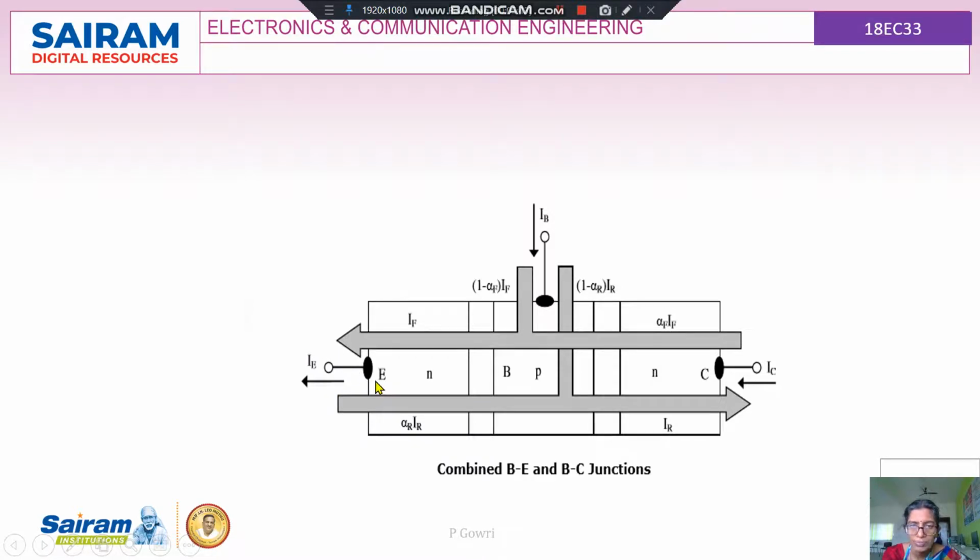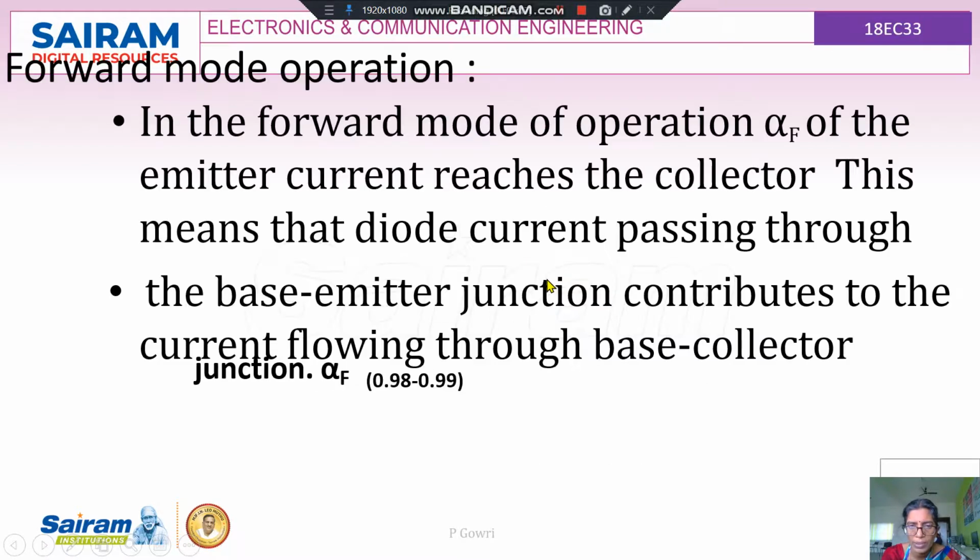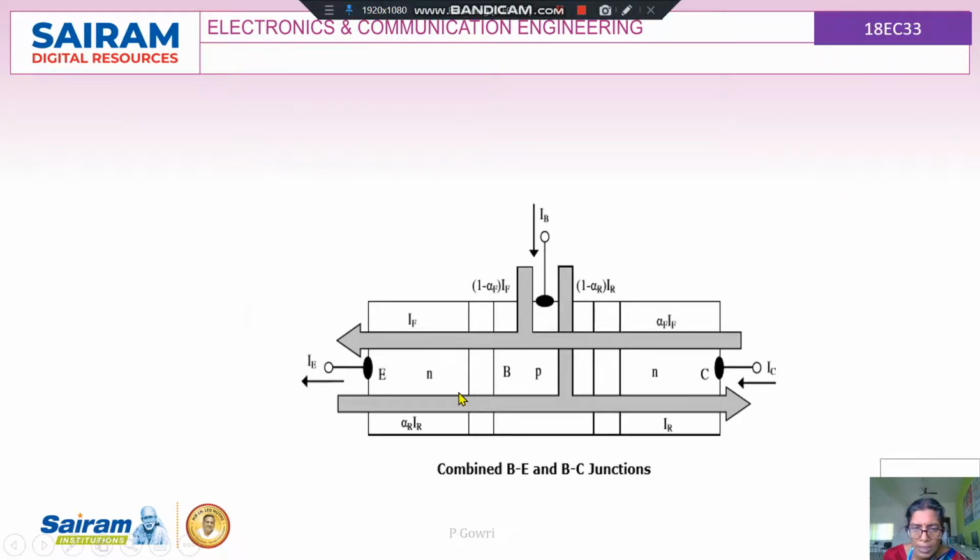IB is the current coming into the base terminal. In the forward mode operation, alpha F of the emitter current reaches the collector. That is, a portion of the forward current reaches the collector, which means that the diode current passing through the base-emitter junction contributes to the current flowing through the base-collector junction.